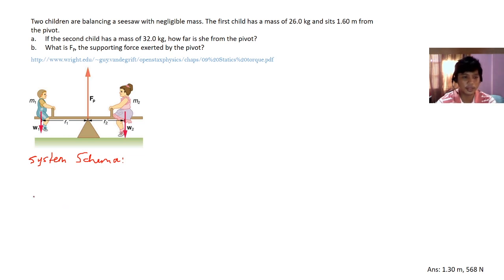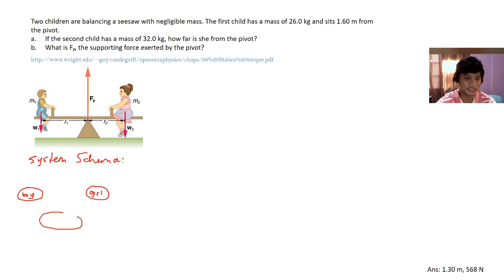So a system schema is just you listing down all the objects in your system. Let's just draw a circle for the boy. What are the objects in your system? We have the girl, and sorry for the dogs.